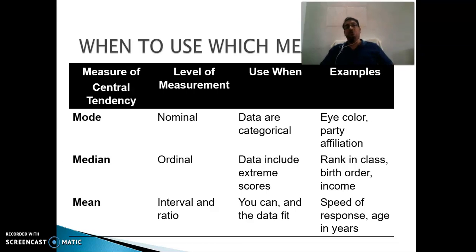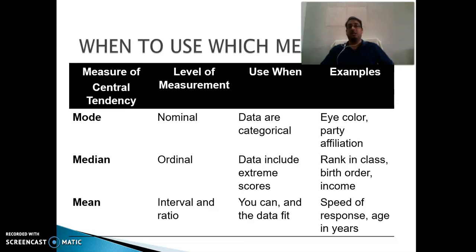Then when to use which measure of central tendency, by level of measurement. For mode, the level of measurement is nominal. When data are categorical, we can use mode. Examples are eye color, party affiliation.